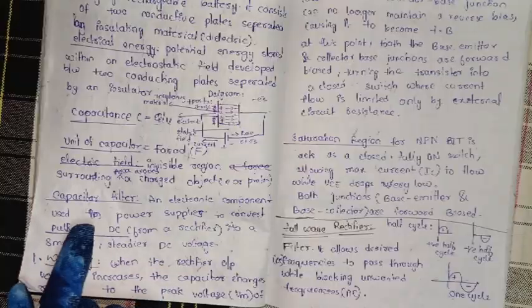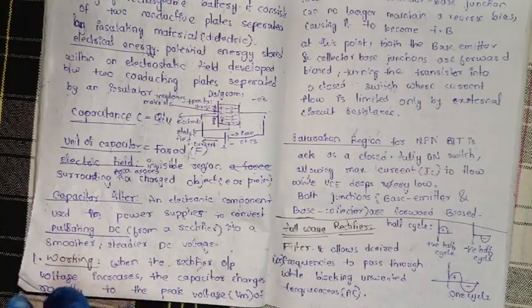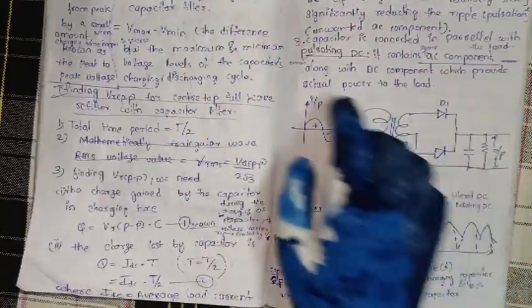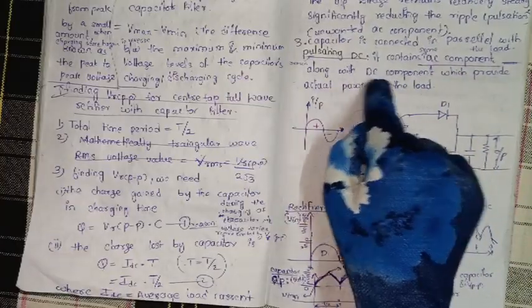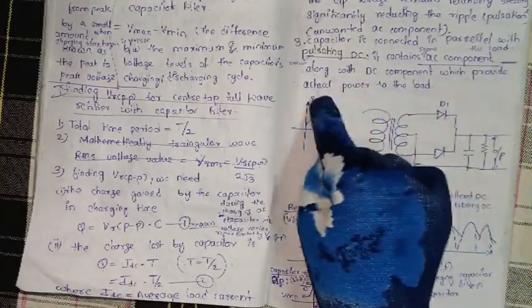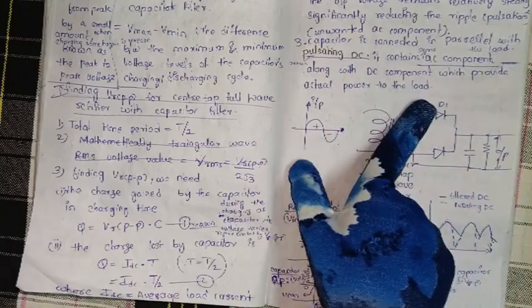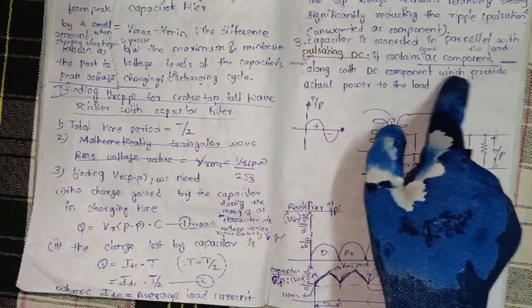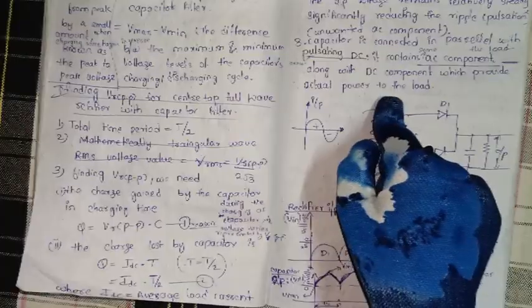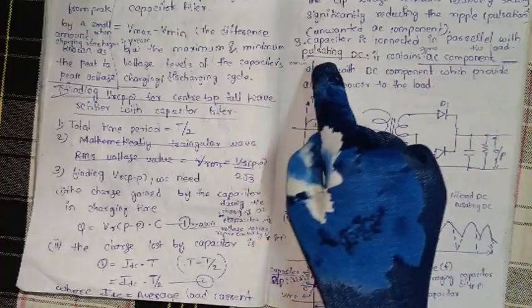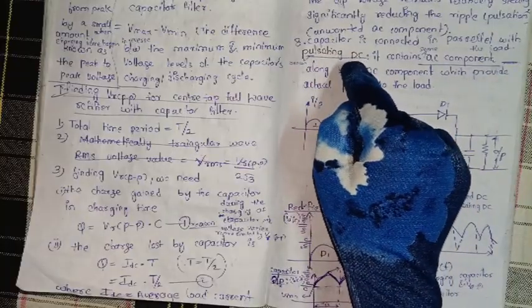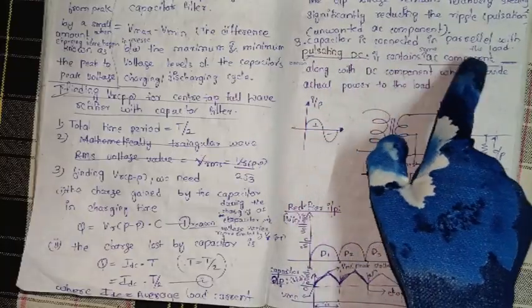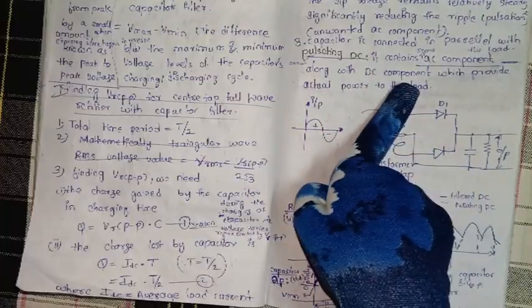So pulsating DC, which is the output of the rectifier, contains some AC component along with the DC component.